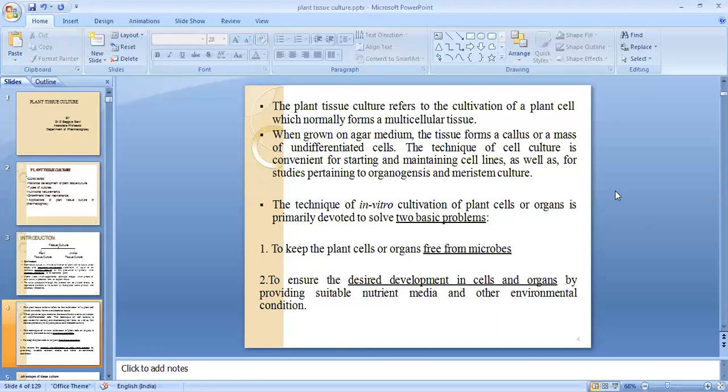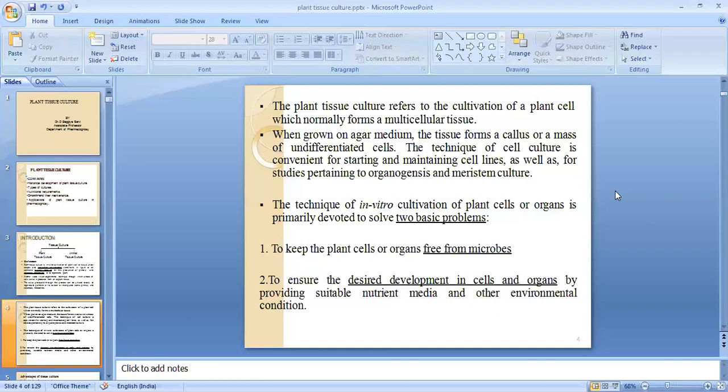Okay, and this in vitro cultivation of plant cells or organs usually comes across some problems. These problems can be avoided by providing aseptic conditions. So what are the problems you are going to encounter during plant tissue culture, when you are growing the plant cell under in vitro conditions?